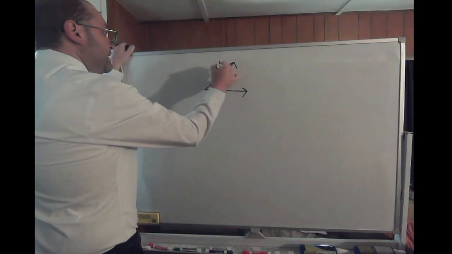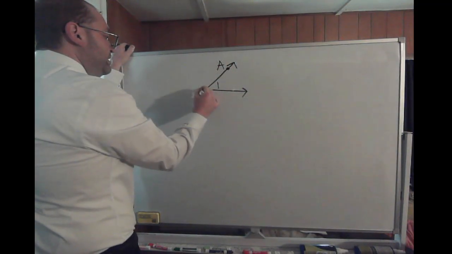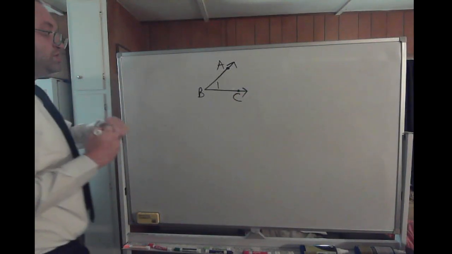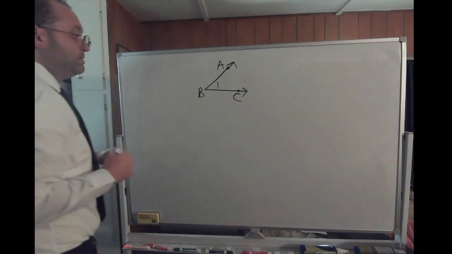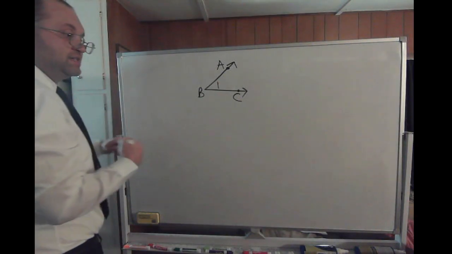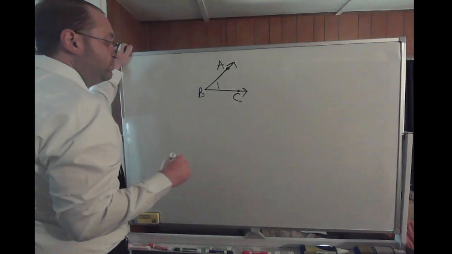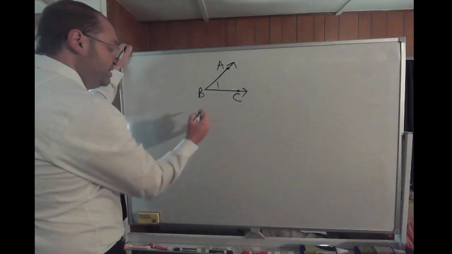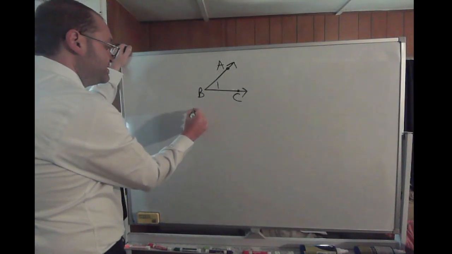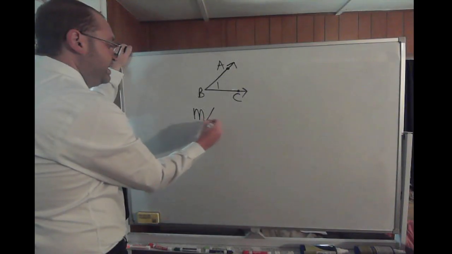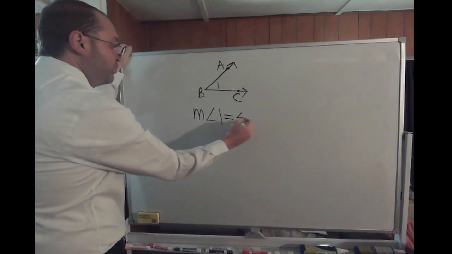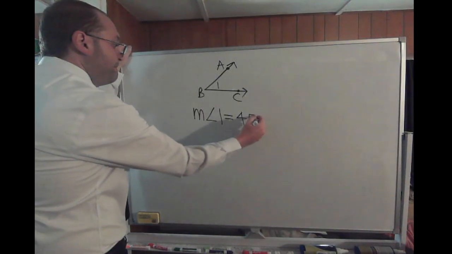We'll put the points A, B, C. Okay. So this will be angle 1. Let's say I used a protractor and I measured this and I got a 45-degree angle. How would I write the measure of an angle? Well, it's going to be like naming an angle, but you would say the measure of angle 1 is equal to 45 degrees.